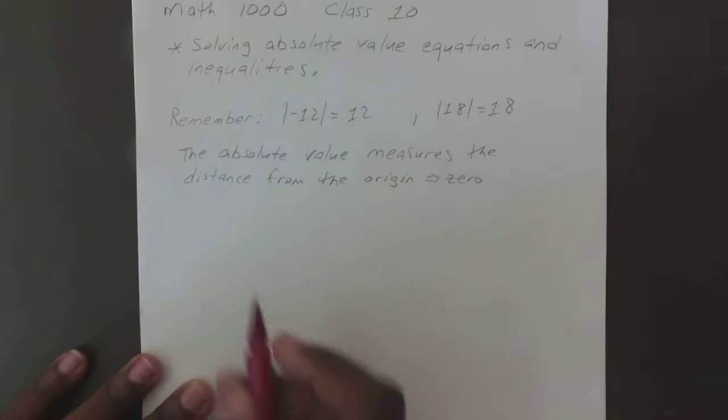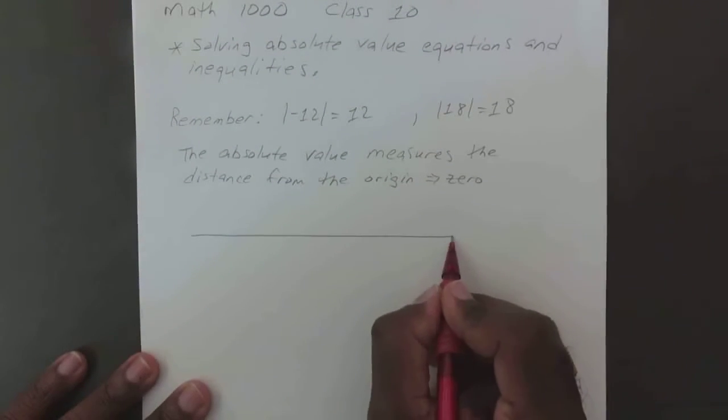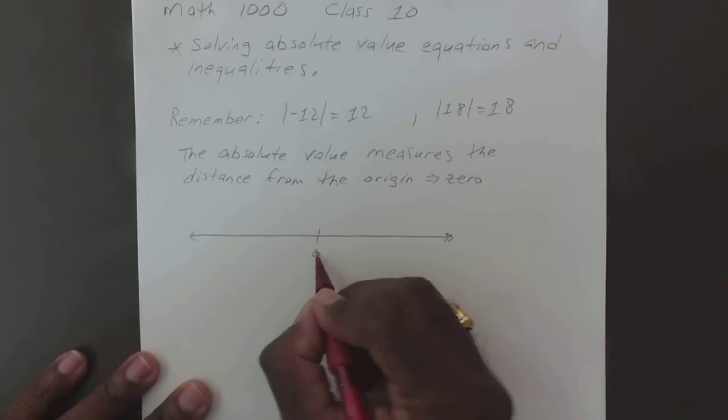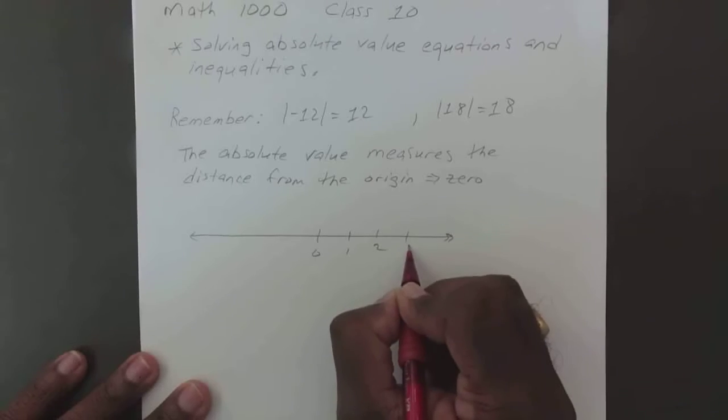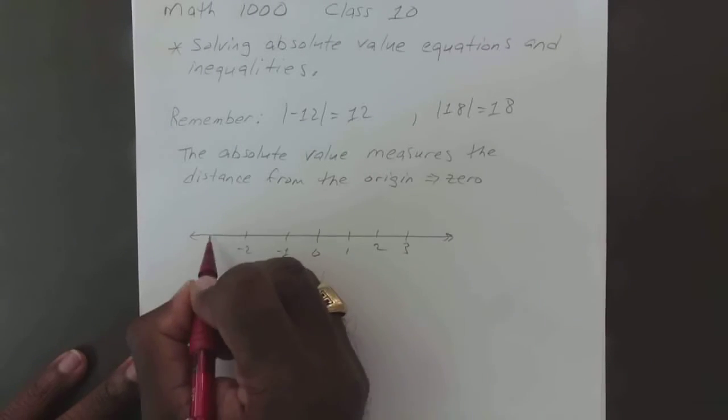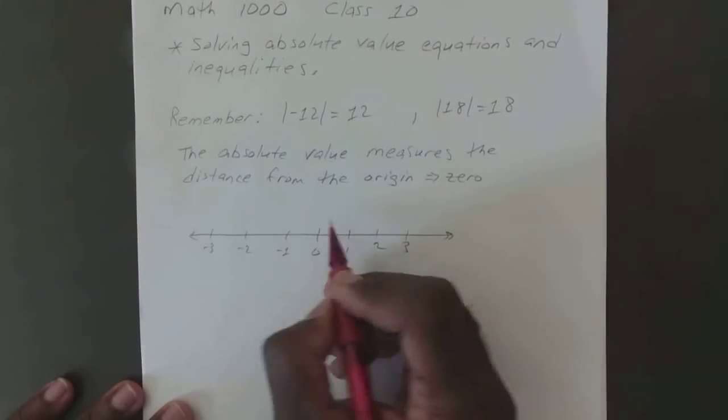Okay, so if you have 0, let's say 1, 2, 3, negative 1, negative 2, negative 3.